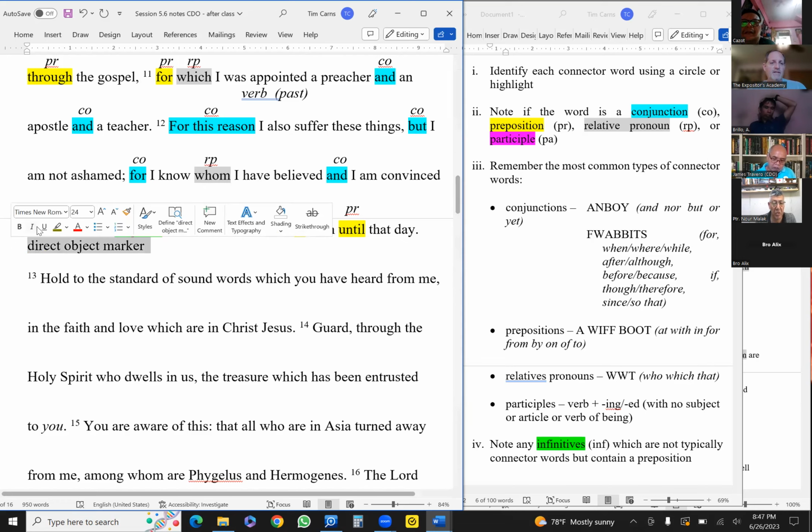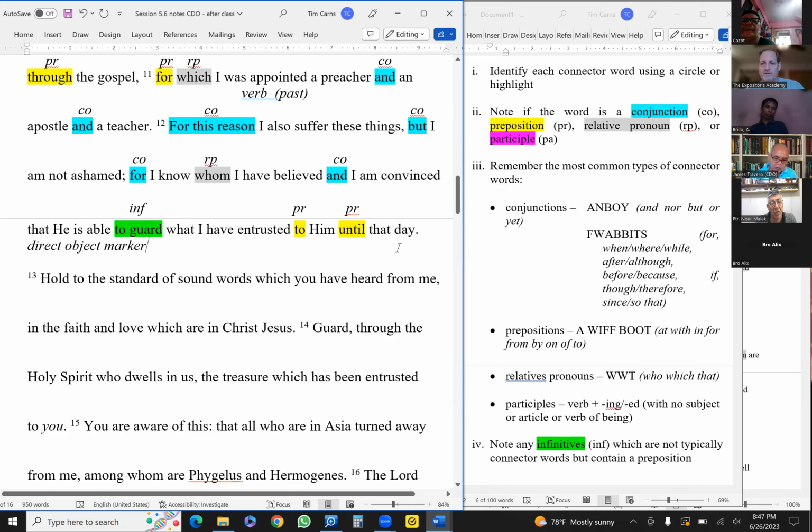And in this case, it is actually modifying day. It's telling us a particular day, that day. So it's not a connector word here. It's actually an adjective modifying day. It's a specific day. It is that day. All right. So it's not a connector word in that case.